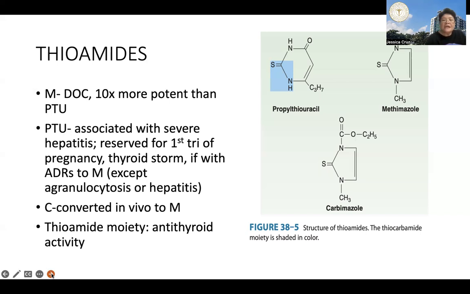Now, the molecular structure on the right of the screen will show you the active portion. The active portion is the thiocarbamide molecule. This is the thiocarbamide moiety of these agents, and this is where the antithyroid effect resides.